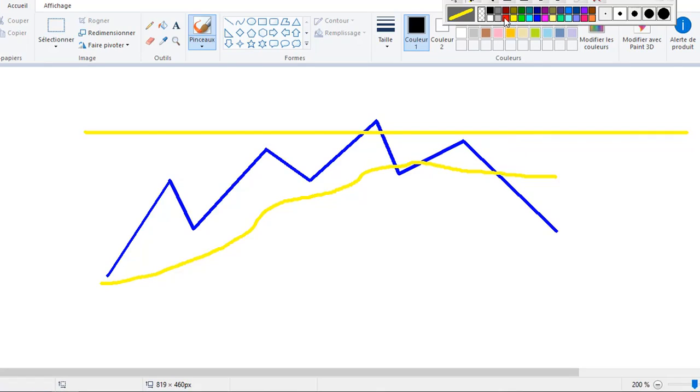You wait for the first break to signify to you that the first leg is gone, and the second leg right here, when the candle of the 15-minute chart closes below the 13 EMA, that's when you enter. Stop loss above the high, 2 to 5 pips, and the first target is 1-to-1 risk reward and the second 1-to-2 risk reward ratio. That's the strategy, using the 13 EMA as a confirmation to take the M and W.